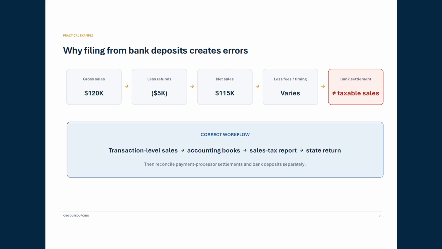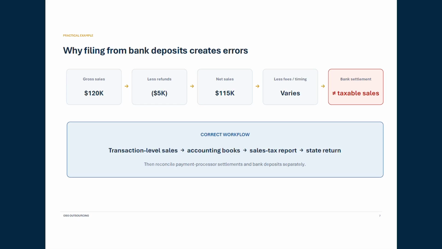If you start from the bank, you can understate sales or misclassify fees. The correct workflow is to start from transaction level sales, reconcile those sales to the accounting system, prepare the sales tax report, and then reconcile payment processor settlement and bank deposit separately. The bank is a reconciliation point.